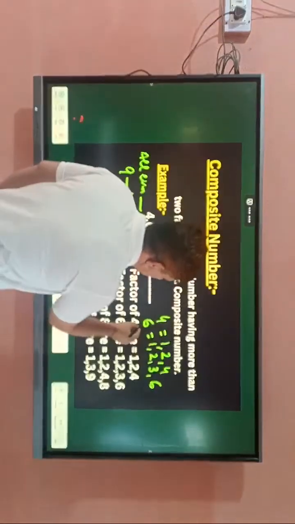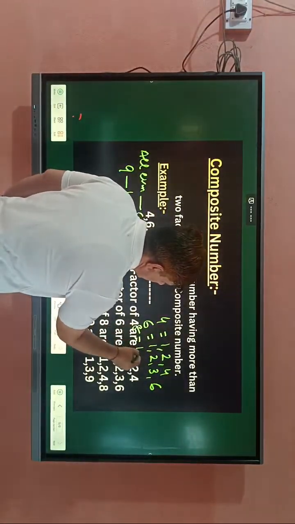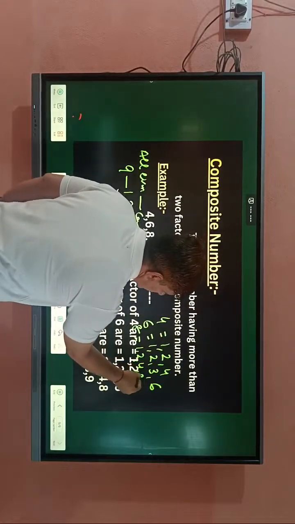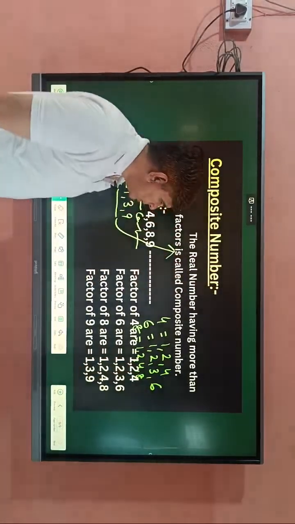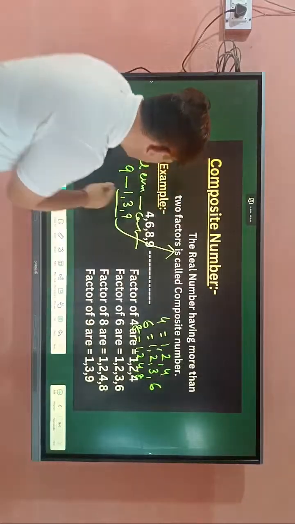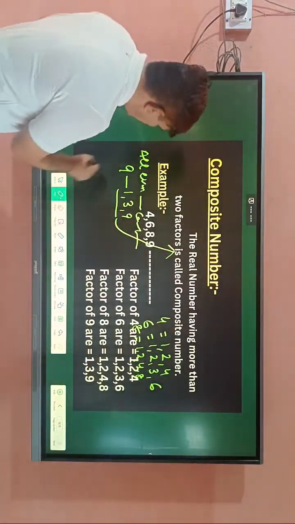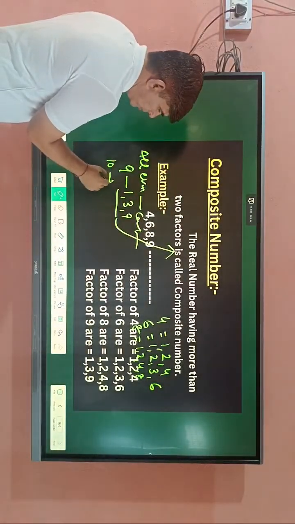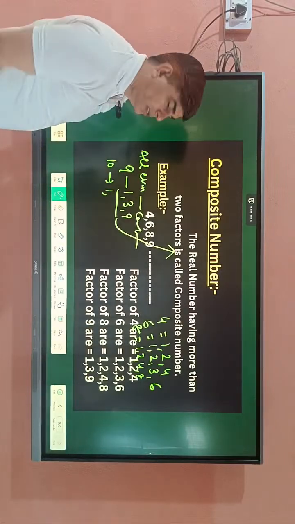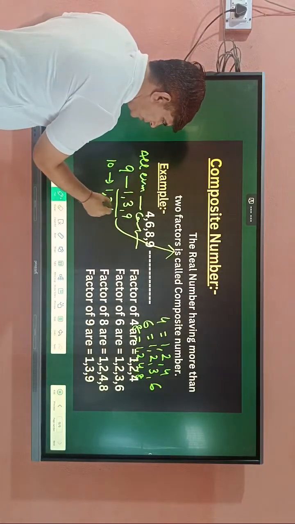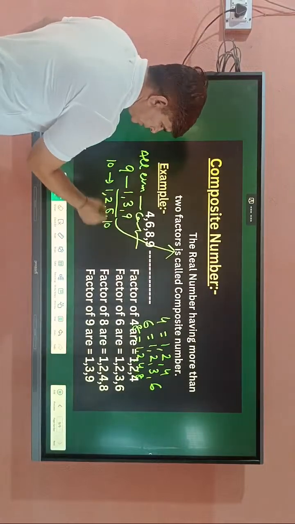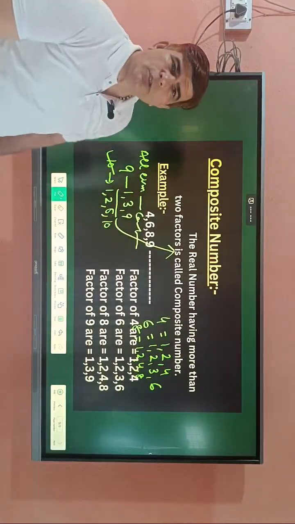Then 8: 1, 2, 4, 8. 9: already I told you. What about 10? 10 is divisible by 1, 2, 5, 10. So 10 is also a composite number.